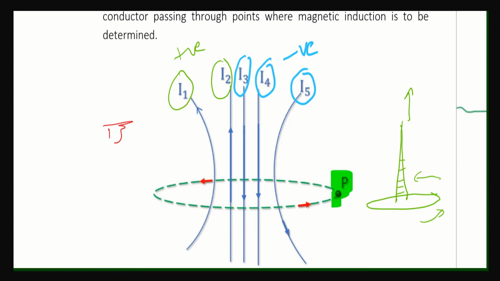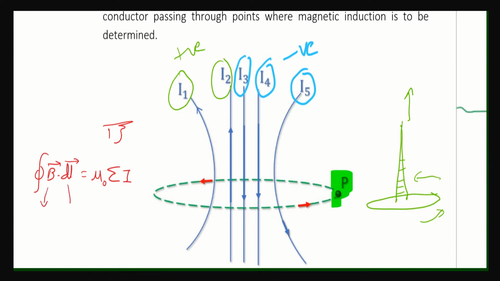The law, Ampere circuital law, says that you should take the closed integration of magnetic induction over the Amperian loop, or line integration of magnetic induction over a closed loop, is the product of permeability and sigma I. What is B?